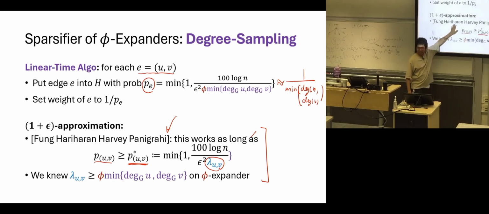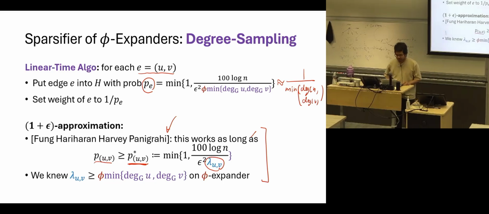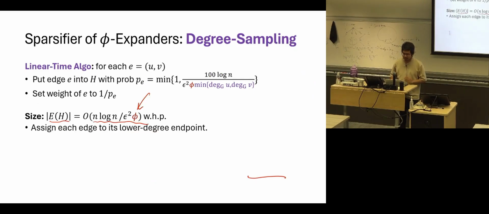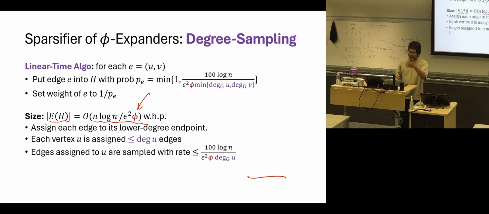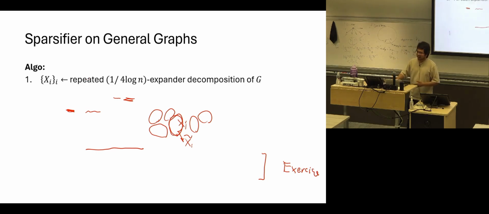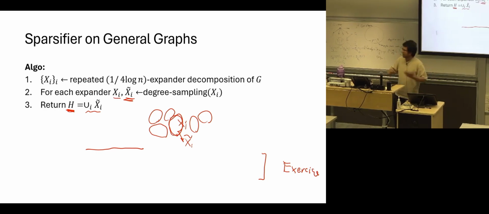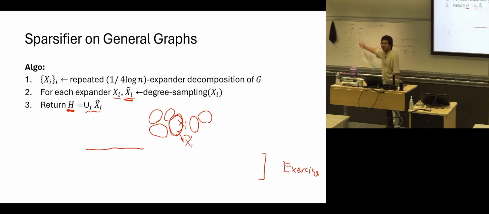You can just refer to this. The proof is not too crazy, and if you want, you can look it up. It's a nice proof, but assuming that the algorithm on expanders gives you a 1 plus epsilon approximation, the reason that the algorithm on general graphs gives you a 1 plus epsilon approximation follows from the proof here.